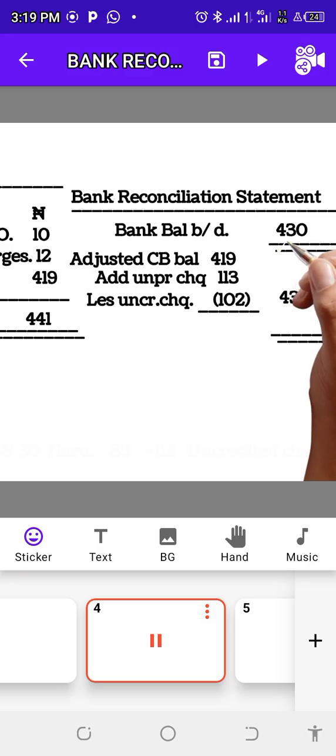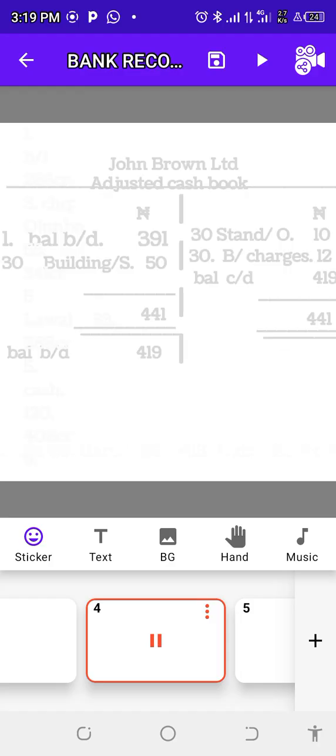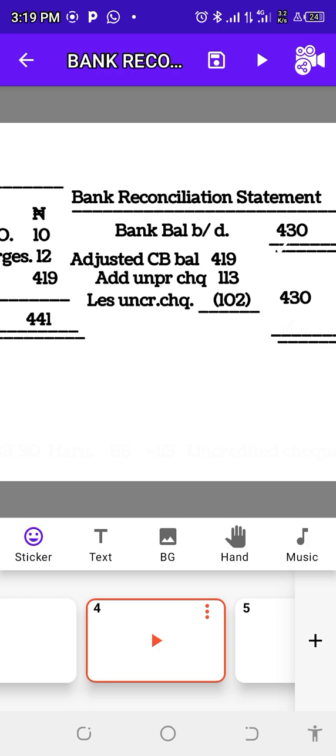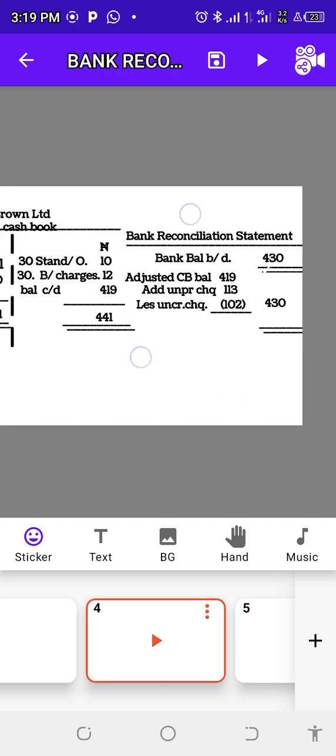You see, 430 is the balance of the bank, and 430 is now the balance of the cash book. By this, the bank statement and the cash book are said to have been reconciled.